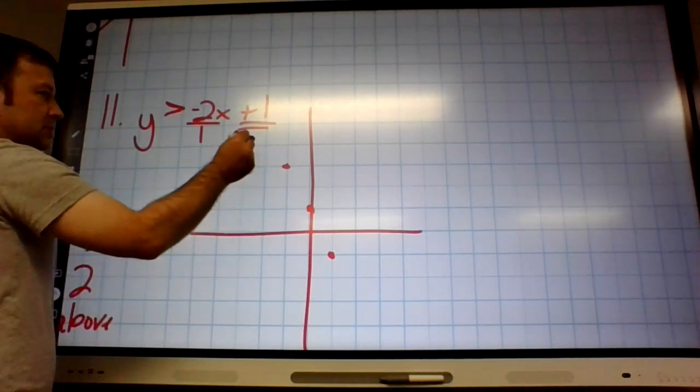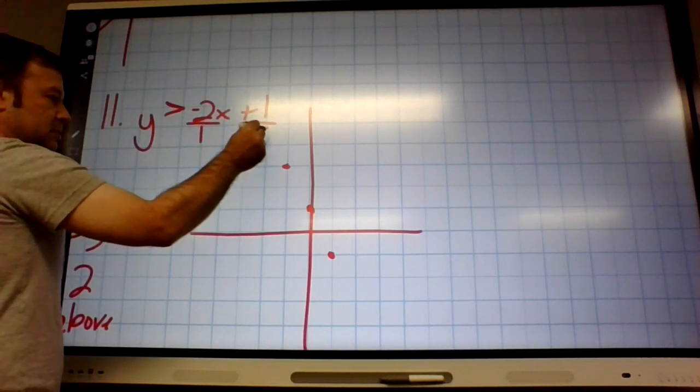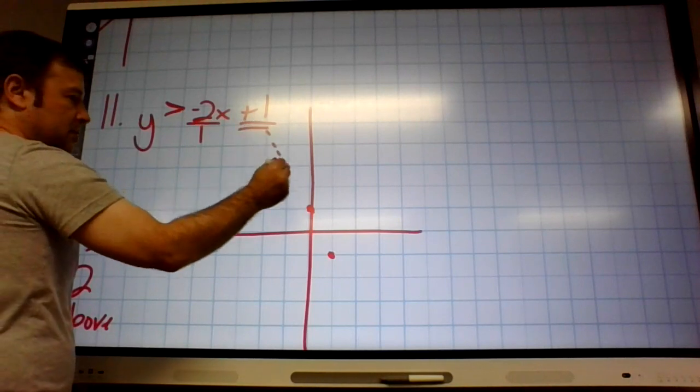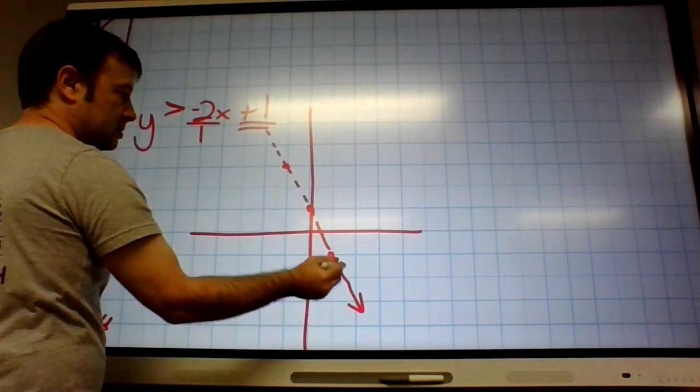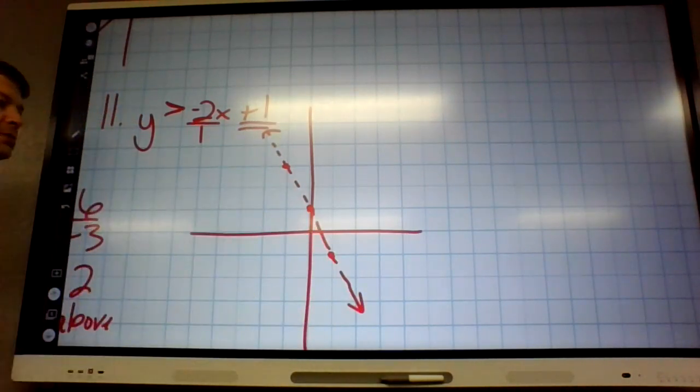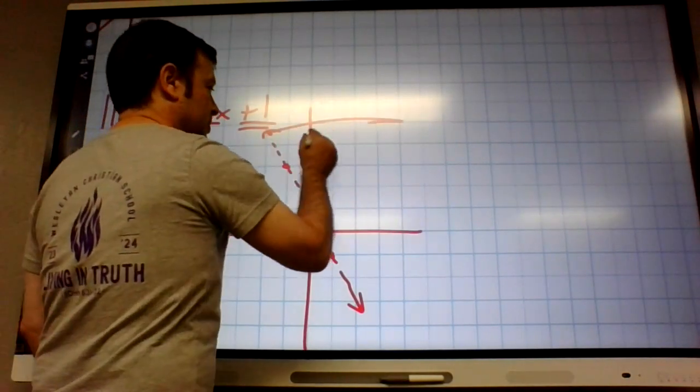This line just so happens to be dashed. Just take your pencil off the ground. Okay, are we shading above or below? Above, greater than.